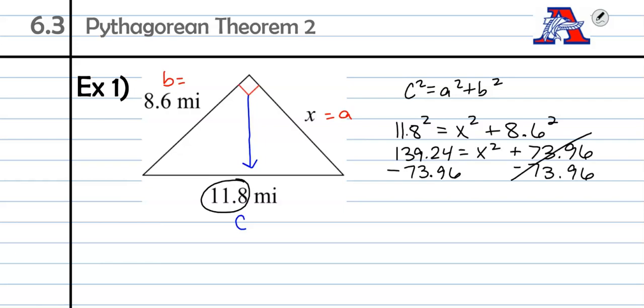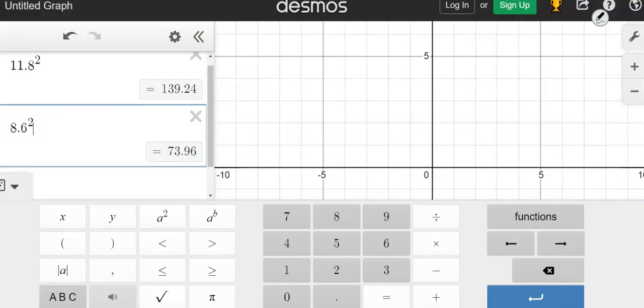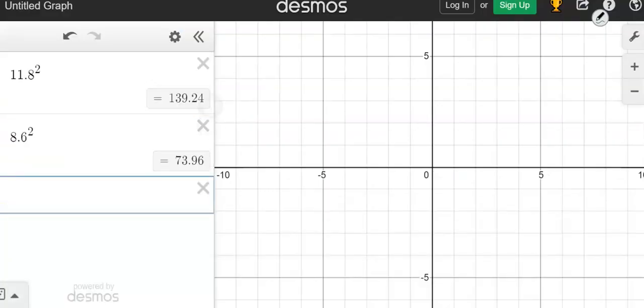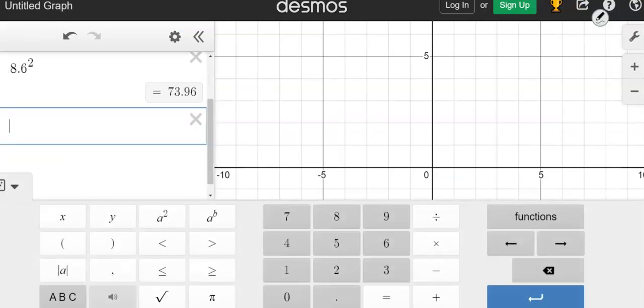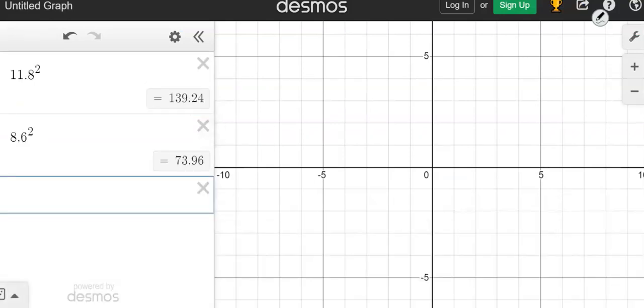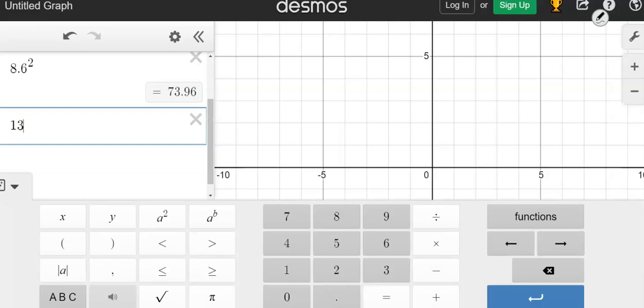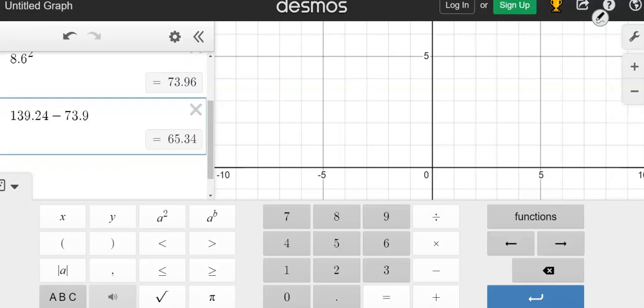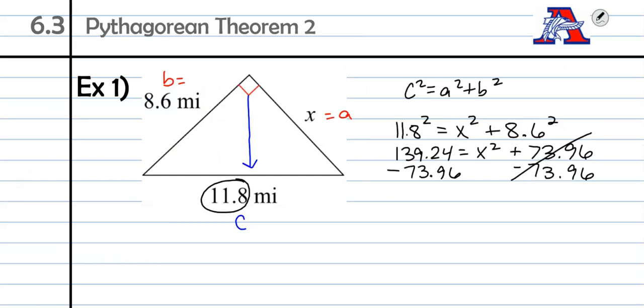Going back to the calculator, 139.24 minus 73.96, and we get 65.28. And that's equal to x squared.